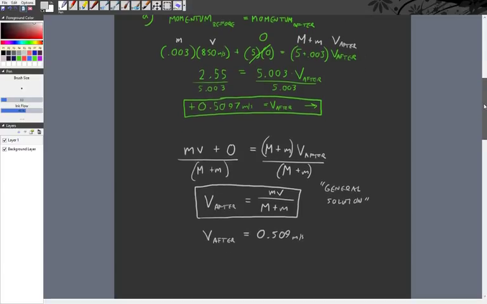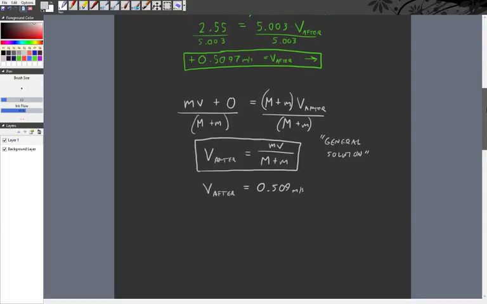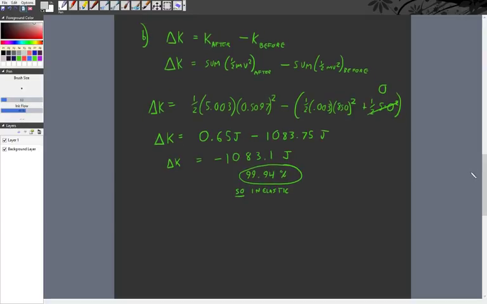Okay, we're going to scooch down, and we're going to use this again later in the other parts, in part B and C. So let's remember this. We're going to go down to part B. Now it's saying, what's the change of kinetic energy before and after? Okay? So we've done all this. Now let's get to this part right here. Okay, so remember, this is the kinetic energy after, and this is the kinetic energy before the collision.